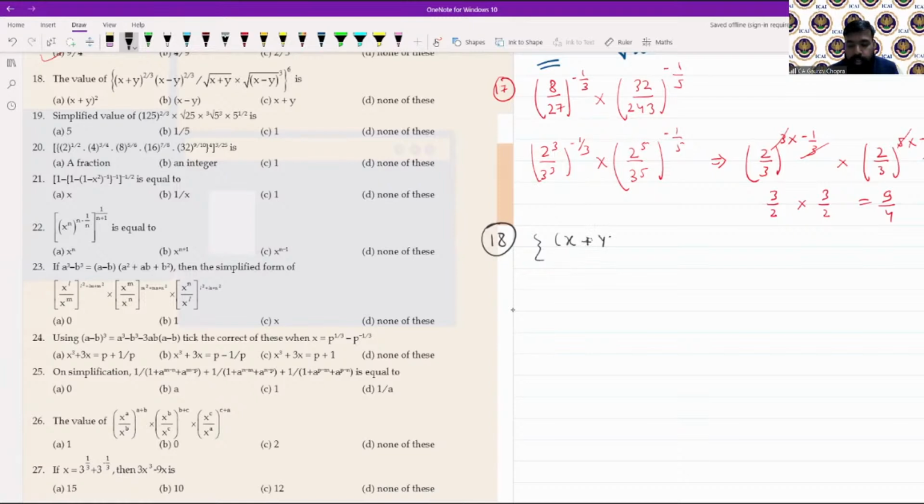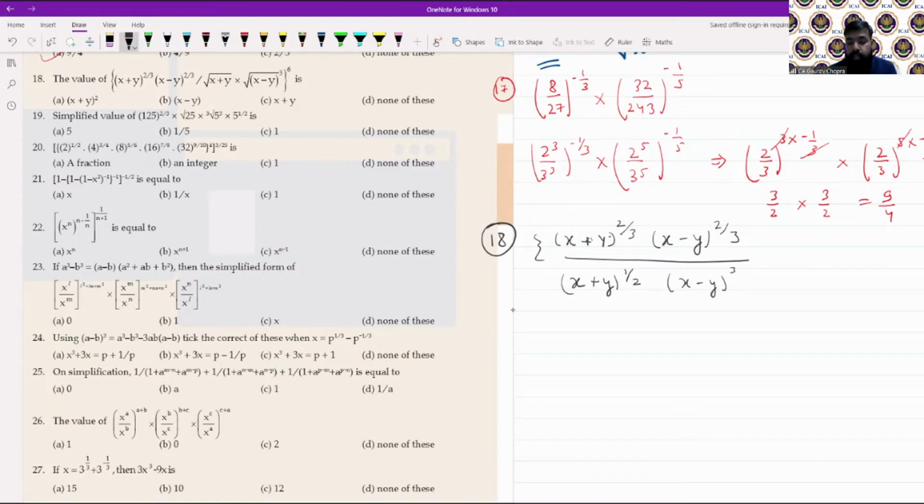X plus y to the power of 2 by 3. Then x minus y to the power of again 2 by 3 upon. Now x plus y is having root. So we can write x plus y to the power of half, and x minus y cube and then root is there.